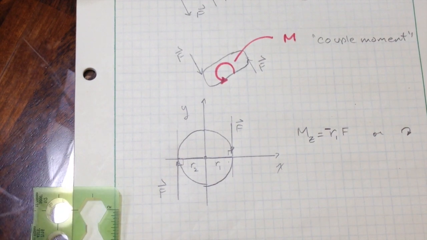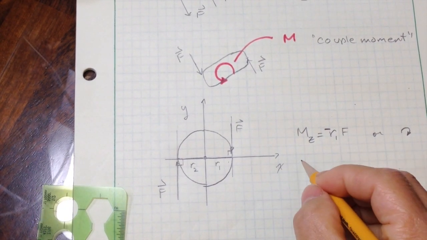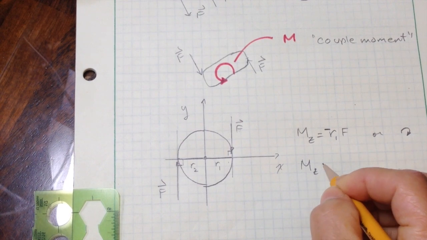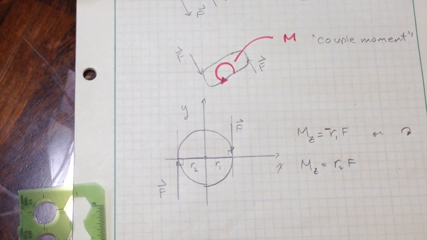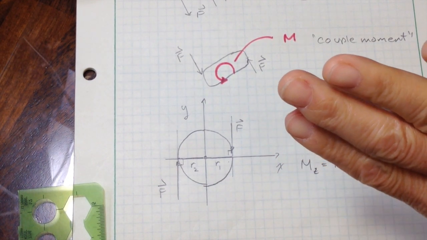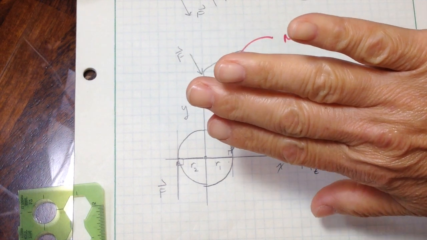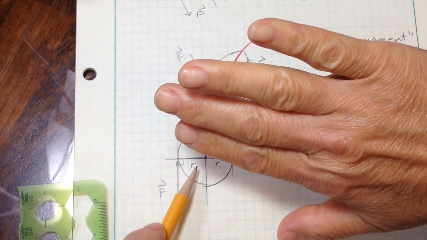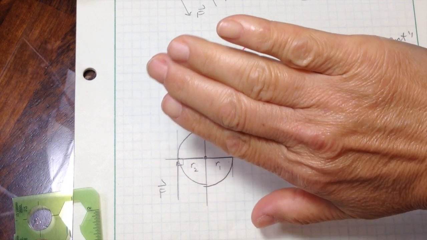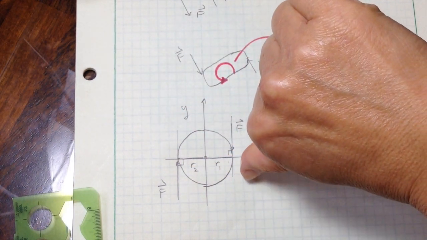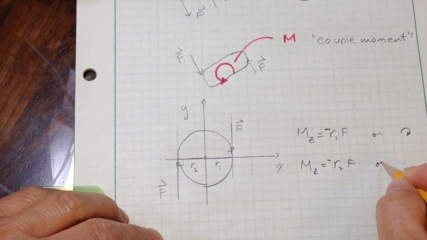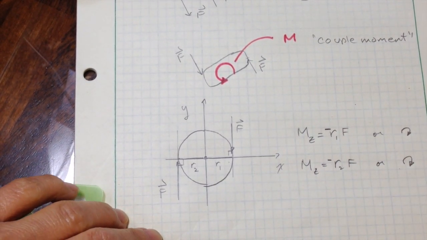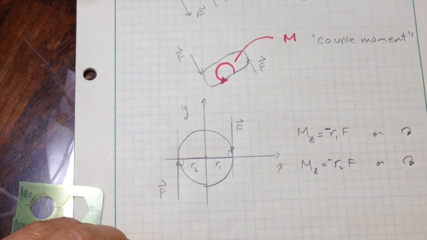Again, the moment about that same z-axis would be R2 times F. To determine whether it's positive or negative, I put my fingers along the moment arm and sweep them in the direction of the force. My thumb goes into the sheet. That would mean it's negative, or the moment vector is rotating clockwise.